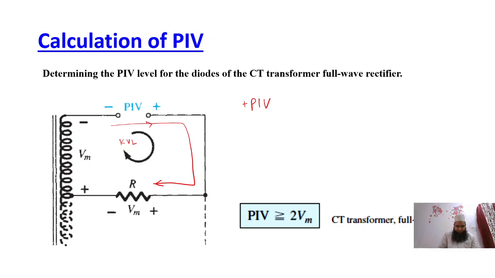Across this load resistance, plus to minus, means we take minus Vm, then across the secondary terminal, plus to minus, that is minus Vm, equal to 0.